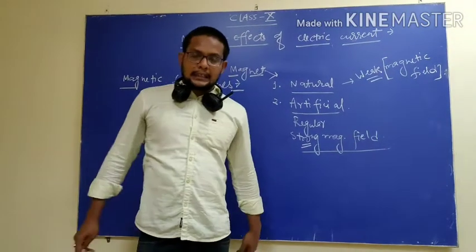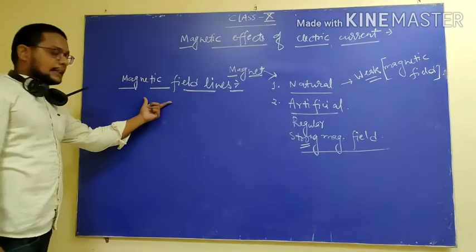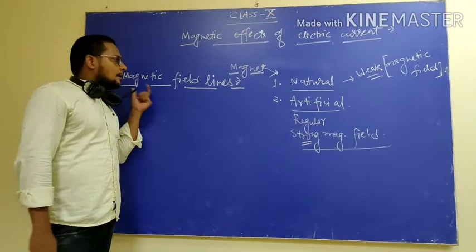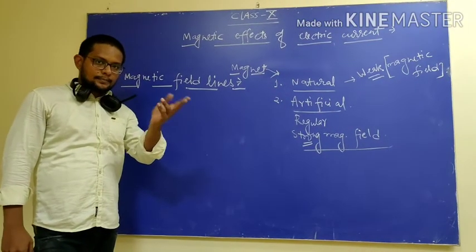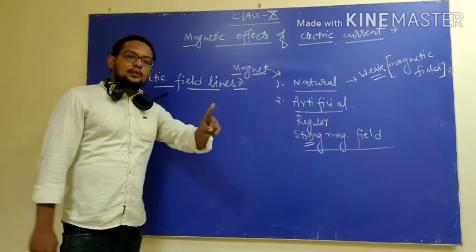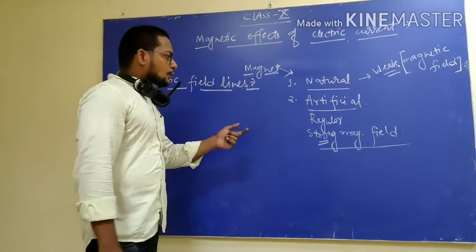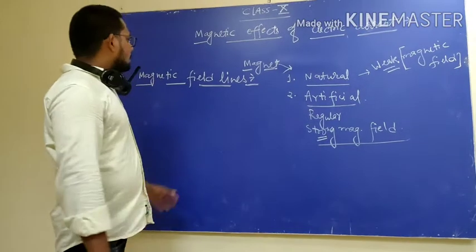Or simply, we can tell the strength of a magnetic field on the basis of magnetic field lines. In some other books, it is also written as magnetic lines of force. Both are the same. So, dear students, now we will discuss magnetic field lines.